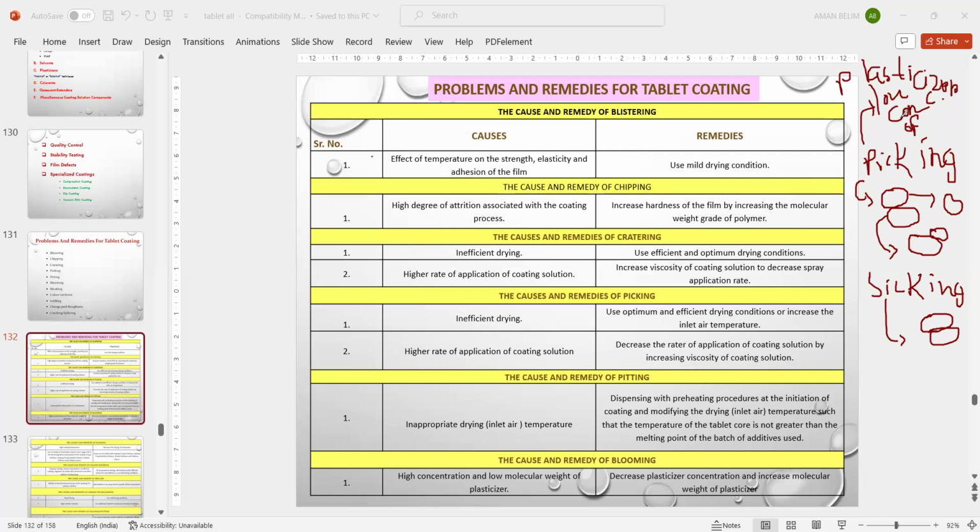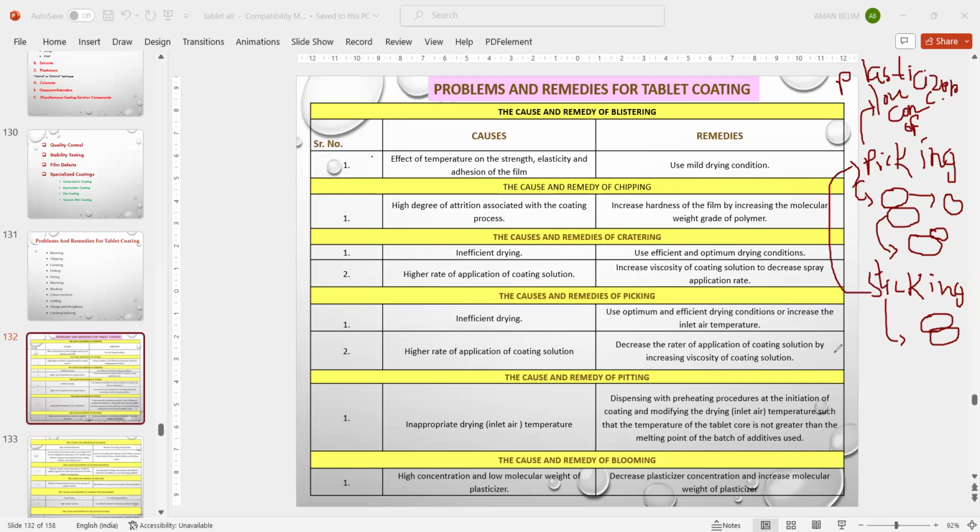So if the concentration of plasticizer is inadequate, your tablets will stick to each other during the coating, and that sticking will lead to the picking problem.